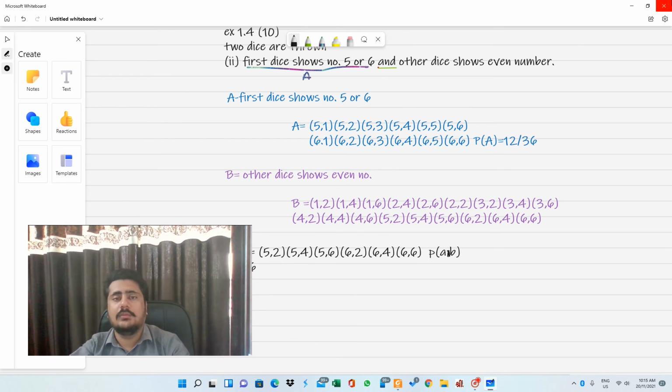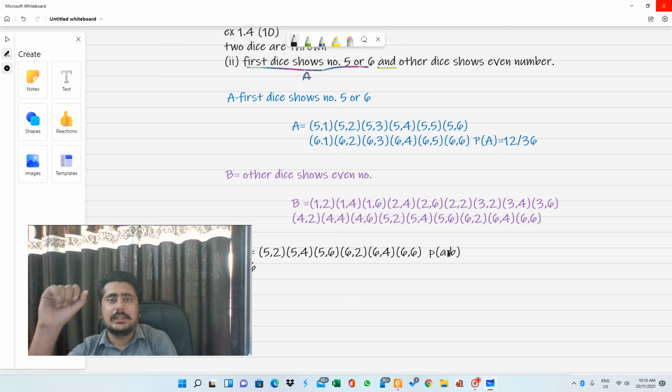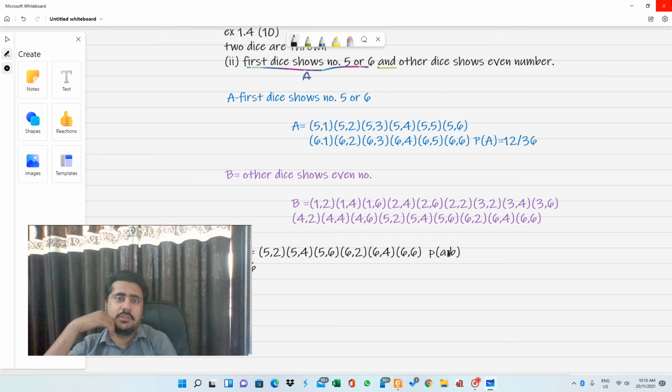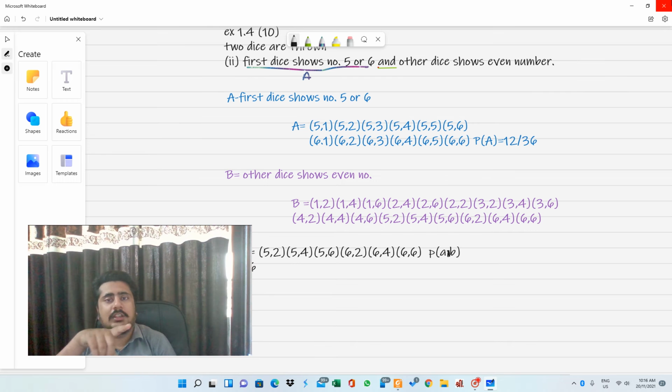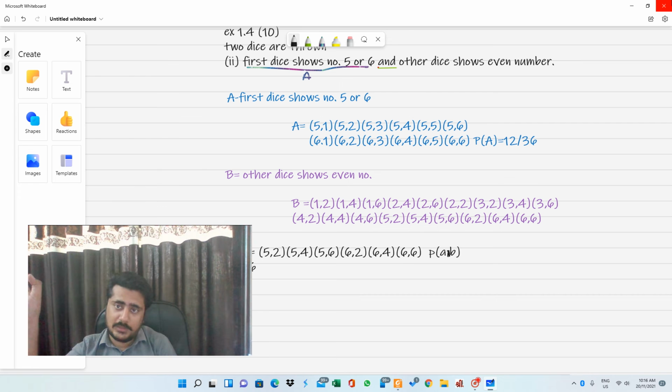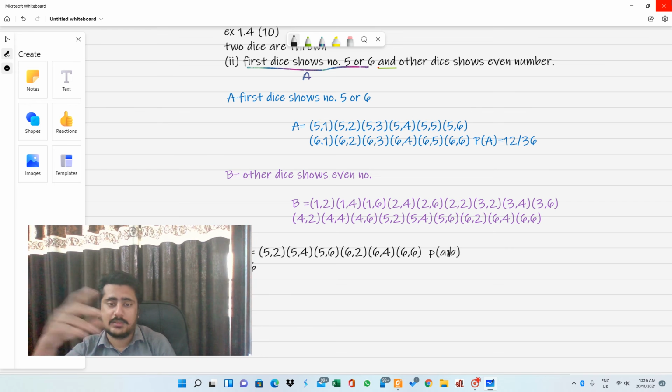See, I'm reading once again. You have to find first die shows 5 or 6 and other die shows even number. As I told you, "and" means intersection. So first I am finding event A, first die shows 5 or 6. Then I have found that other die shows the even number. A is 5 or 6, that is 12 by 36. B is 18 by 36.